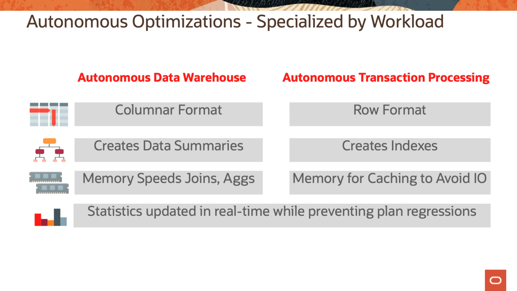Indexes are created automatically, and memory is used for caching to avoid I/O. In both these services, statistics are updated in real time while preventing plan regressions.